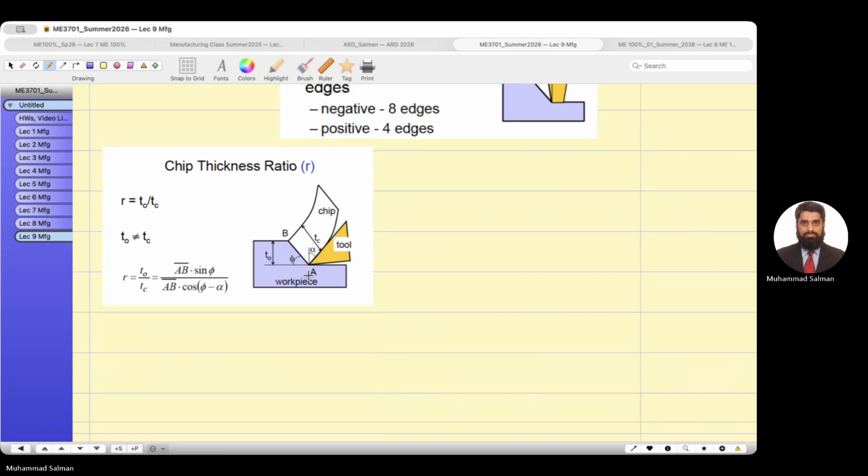Look over here. I'm going to focus on the shear plane, and you draw a perpendicular here. What is T0? If I make this triangle outside this figure, this is my A, B, this is the shear angle, this is 90 degrees, and this is T0, the uncut chip thickness. Now, what is T0 over AB? Opposite over hypotenuse.